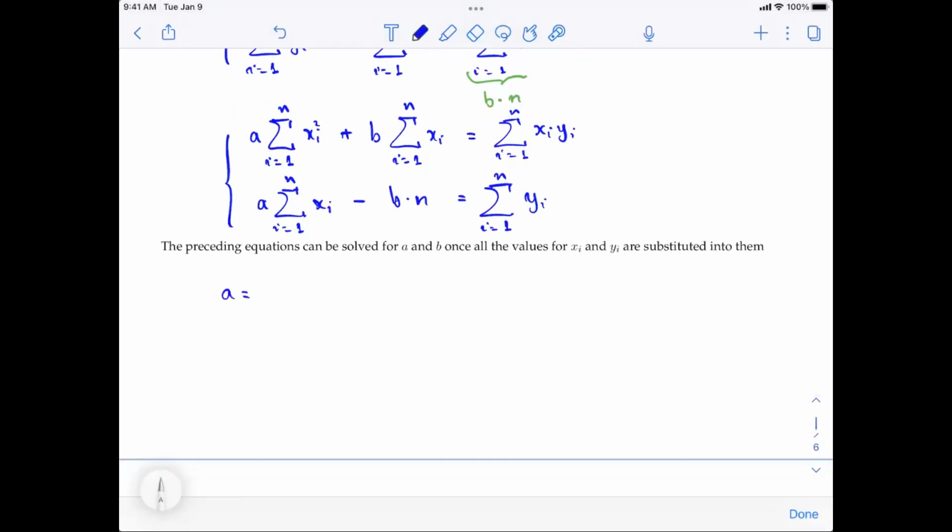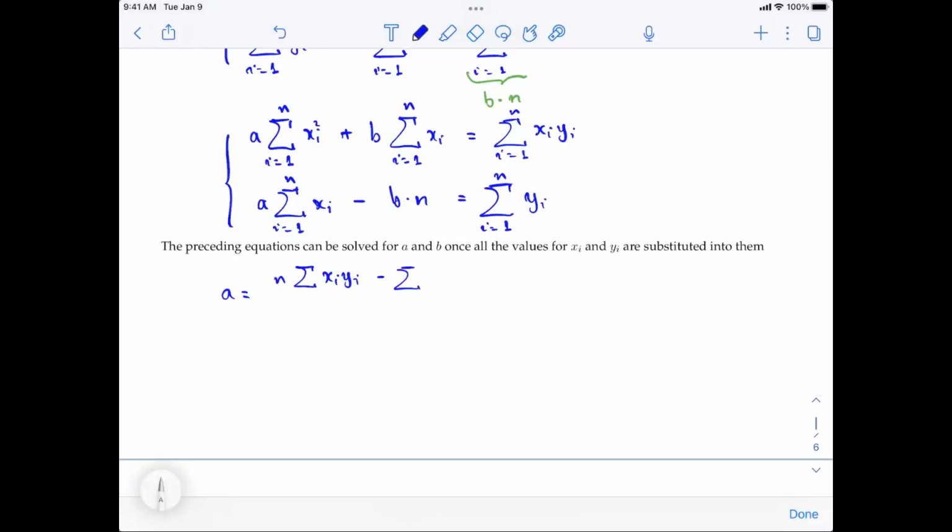So a is equal to n times the summation of x_i y_i. I'm not going to write down i going from 1 to n. To cut it short, the assumption is that you have n points, and the summation is going from 1 to n.